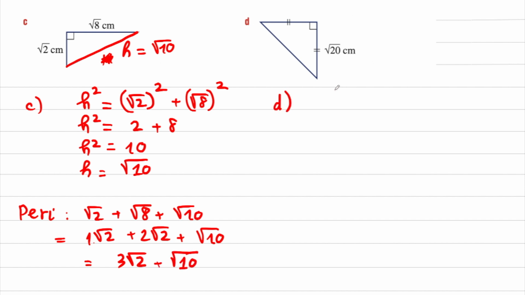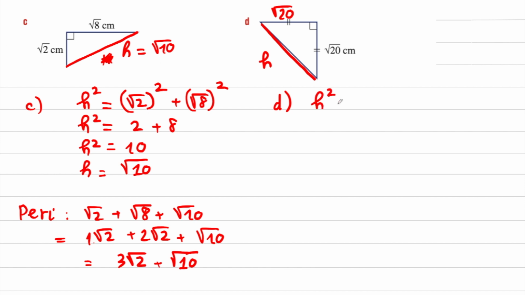About question D, this side is square root of 20, and this signal will tell you about the two equivalent segments or two equivalent sides. Square root 20 will be here, and one more time I have to calculate this hypotenuse side.